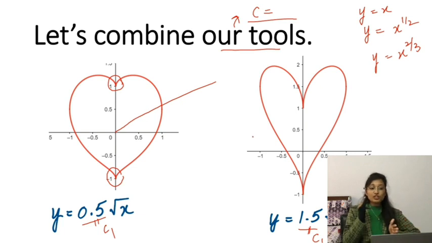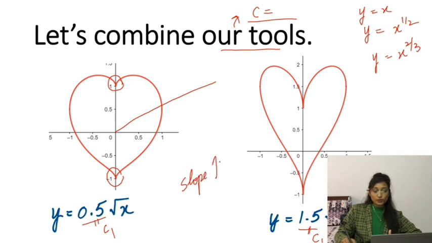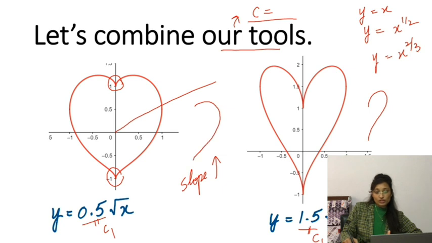Basically, by changing the slopes, what has been done is, when we increase the slope, this portion has gone more upwards and this has also gone like this. And when the slope is low, then it goes slowly, slowly, slowly like this.